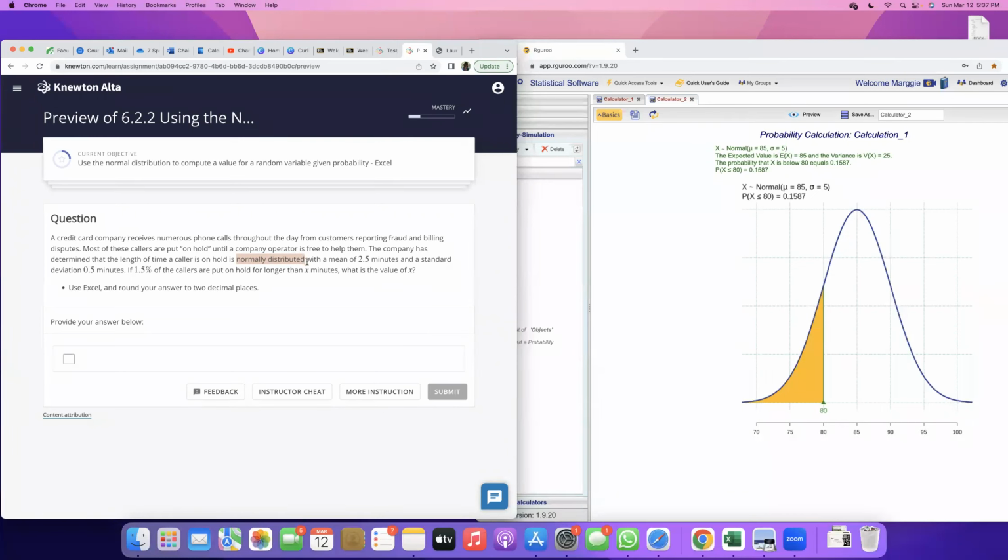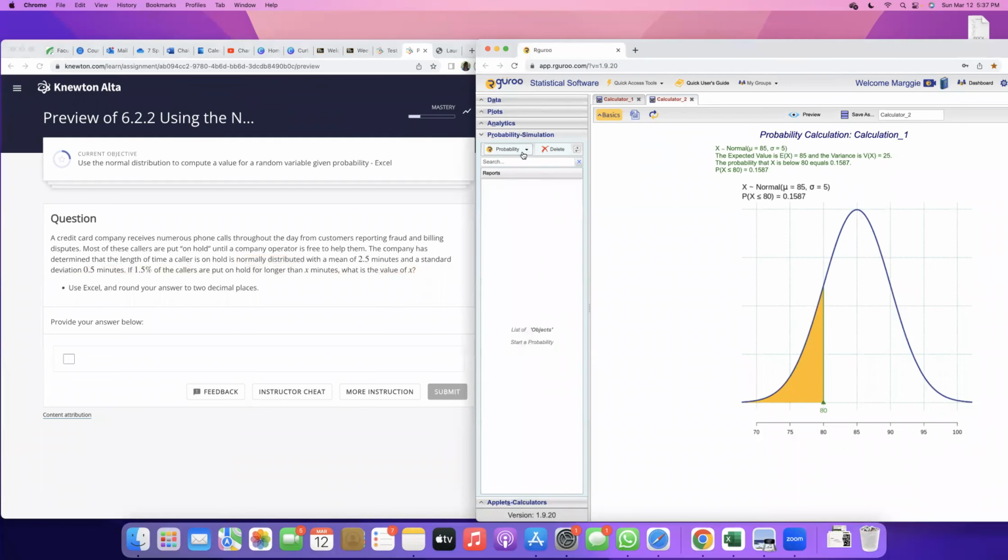So again, it's continuous because time is a continuous variable, with a mean of 2.5 and a standard deviation of 0.5 minutes. If 1.5% of the callers are put on hold for longer than X minutes, what is the value of X? So let's open a new one.